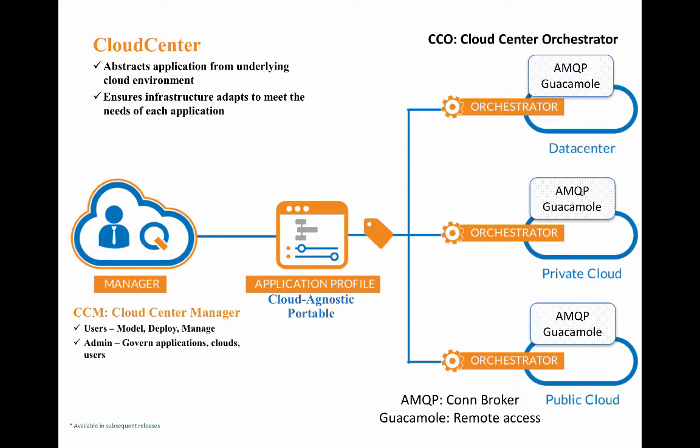So AMQP and Guacamole can be separate, but in our deployment, it's one VM that does both jobs. So this is, in short, how it works. As you can see, each cloud needs the orchestrator and an AMQP Guacamole.